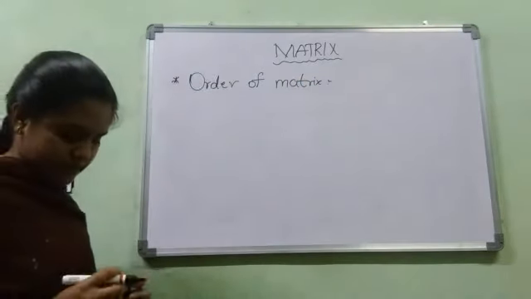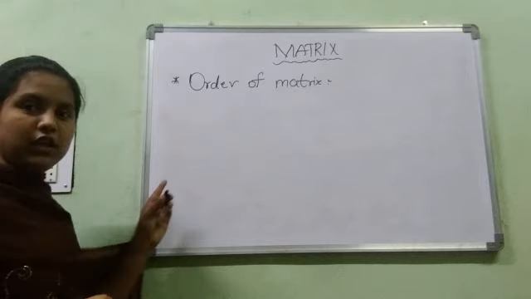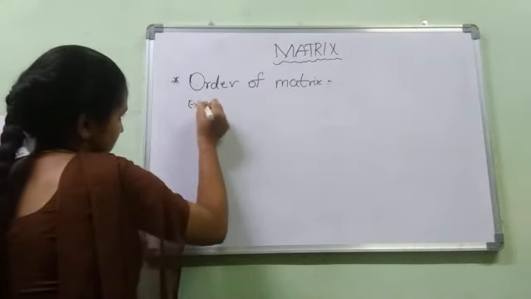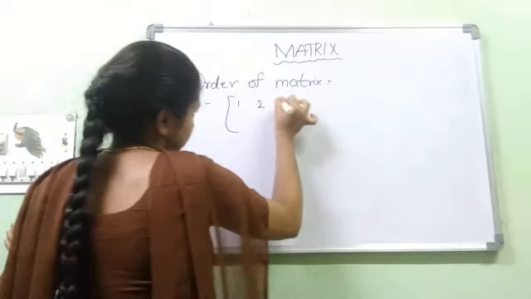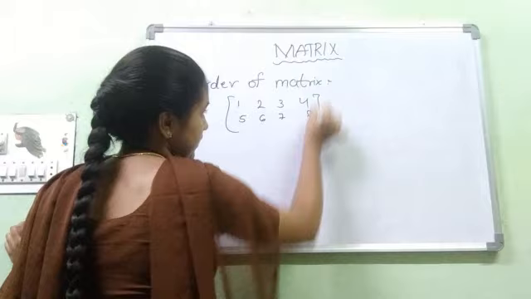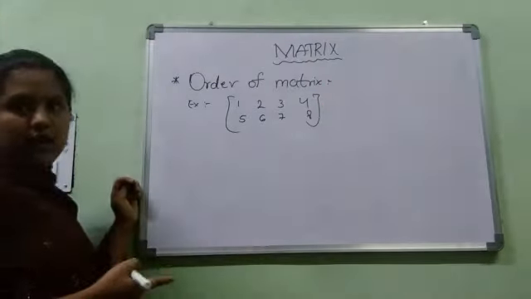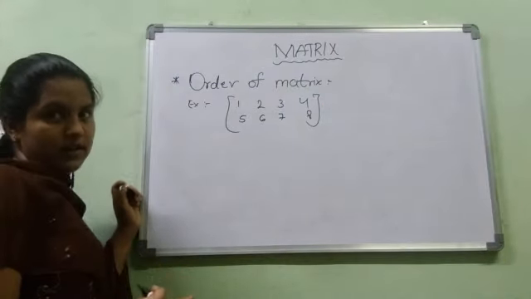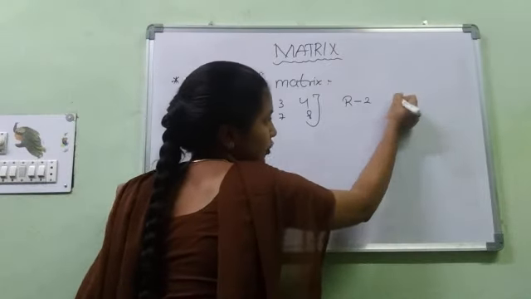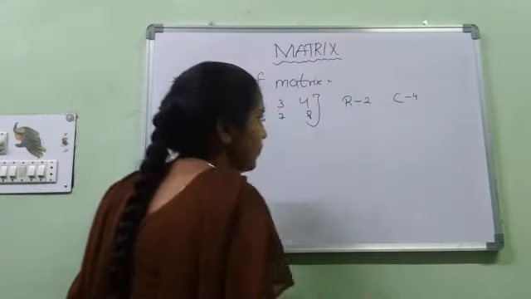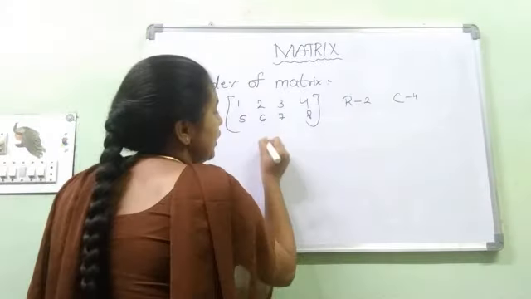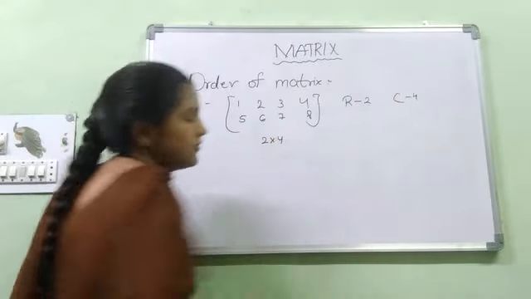I'll explain this by taking an example, as I said before: 1, 2, 3, 4, 5, 6, 7, 8. You noted how many rows and columns there are. There are 2 rows and 4 columns, so the order of the matrix will be 2 into 4.